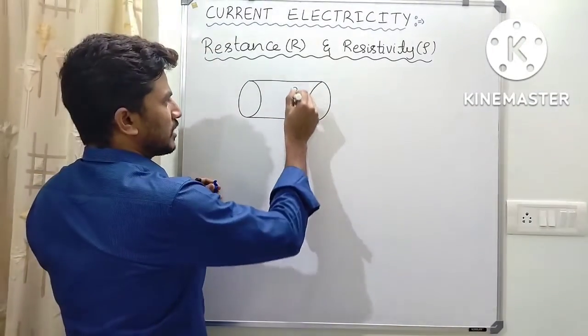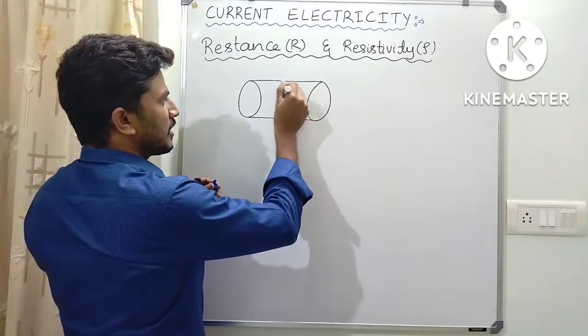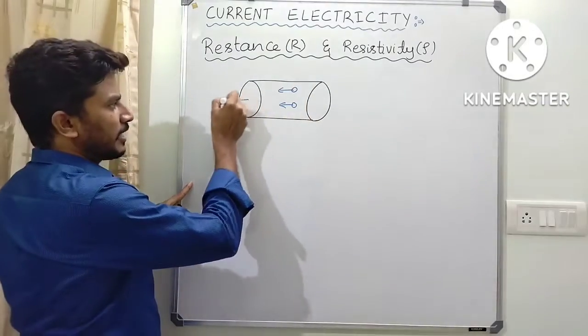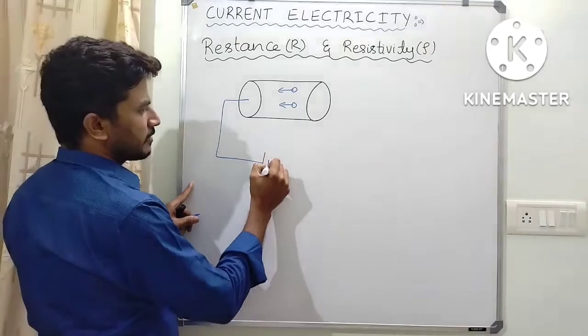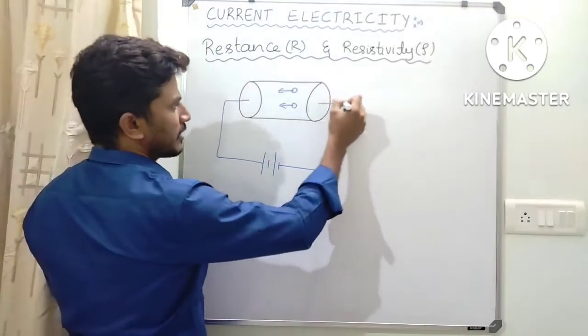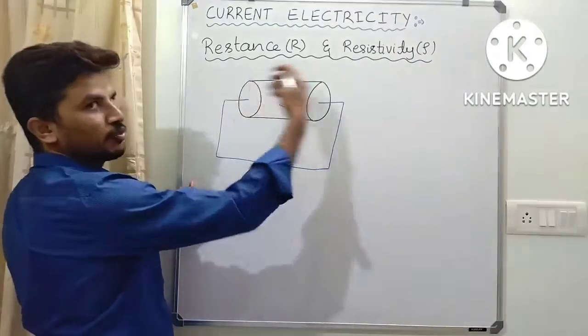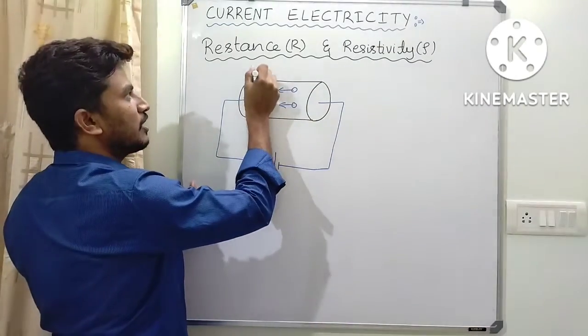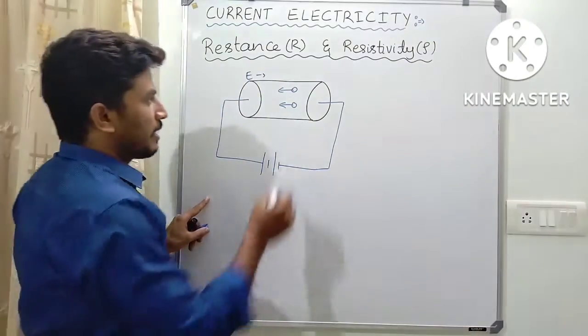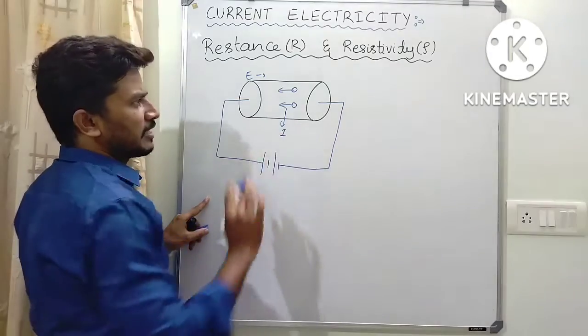Because of their random motion, they are not producing any current. But when I apply a battery to the ends of the conductor, the charges move in one particular direction because of the external electric field applied. That means they produce current, which we have already learnt.